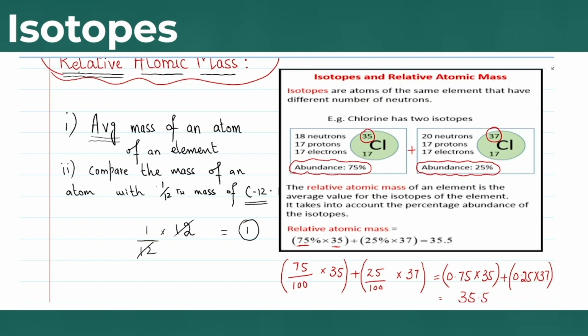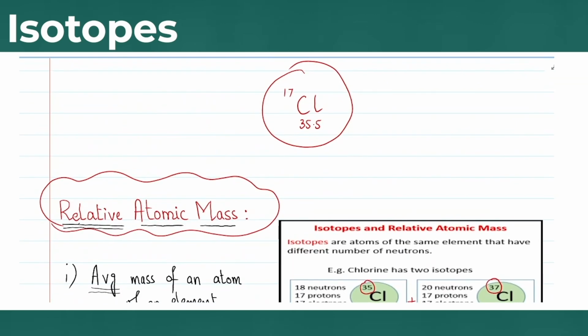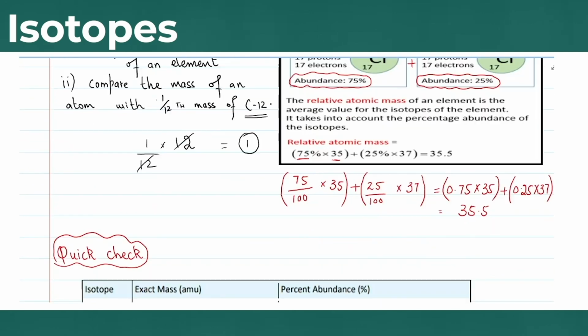And we observe this in the periodic table, that 35.5 is written for chlorine. So this is relative atomic mass, the average mass of the atom of the element. And this is how we calculate it. Now hopefully this is understood.